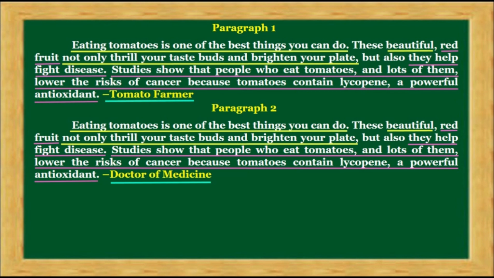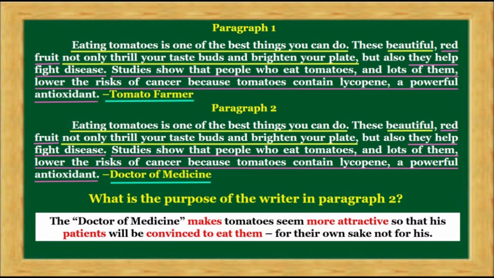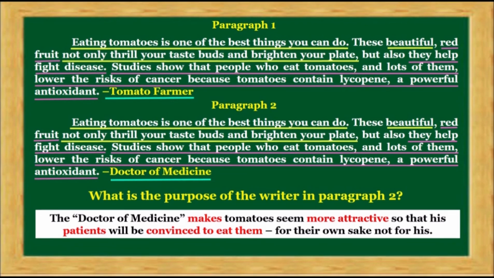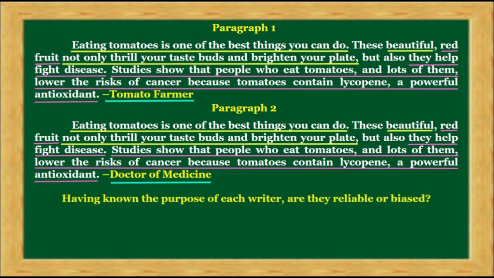Meanwhile, what is the purpose of the writer in paragraph 2? The doctor of medicine makes tomatoes seem more attractive so that his patients will be convinced to eat them for their own sake and not for his. Having known the purpose of each writer, are they reliable or biased?